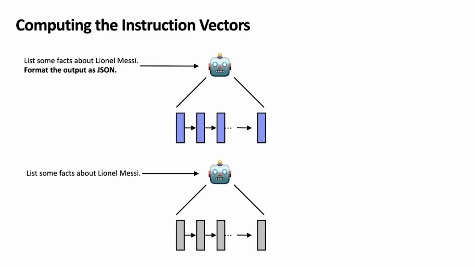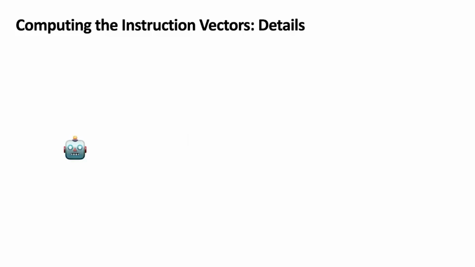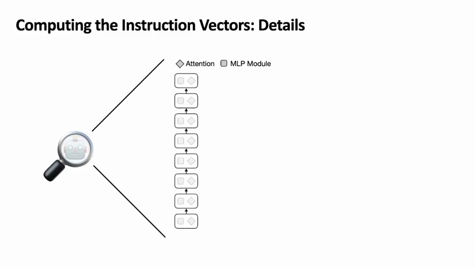Before I move forward, I want to specify more clearly what I mean by internal model activations, and what models we're talking about. When I say language models, I mean transformer-based autoregressive models, for example, Gemma, Llama, Phi, and so on.